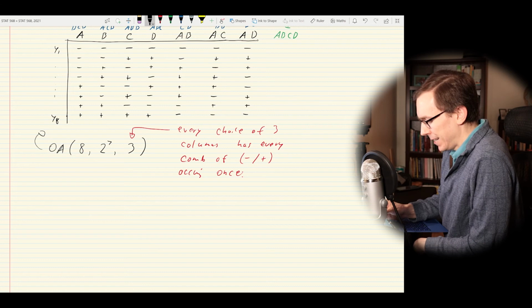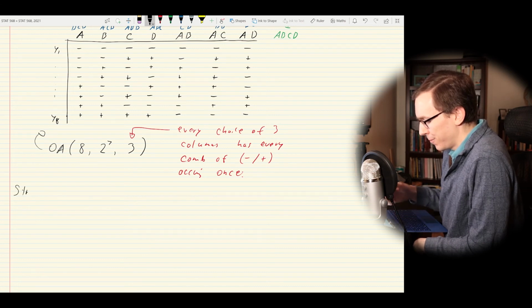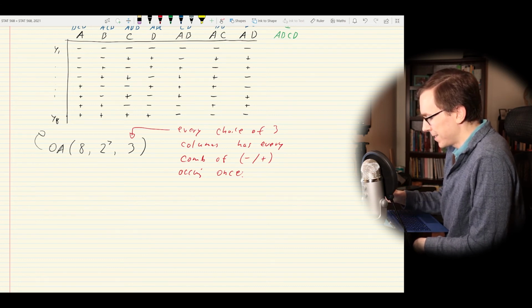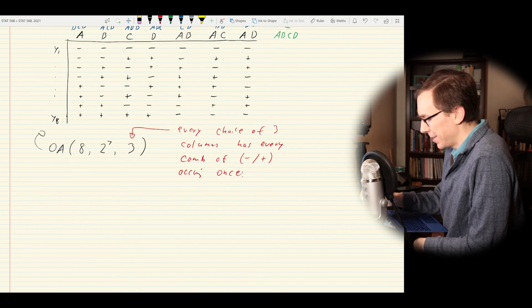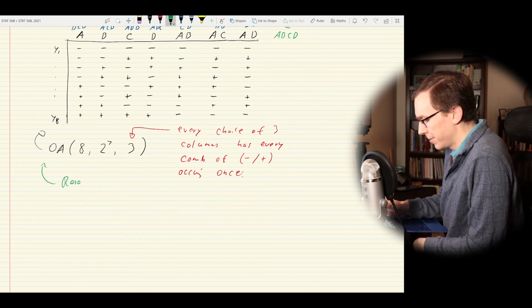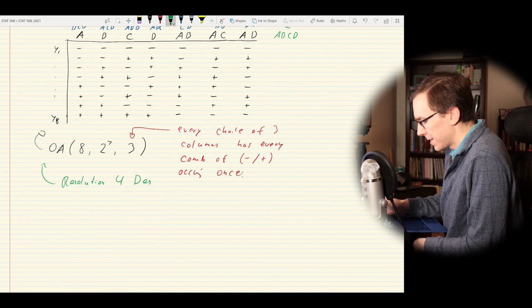So first of all, we're going to note this is strength 3, and we'll also note that this design up here is a resolution 4 design.